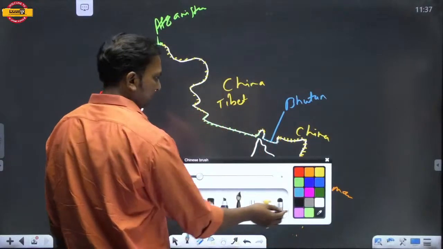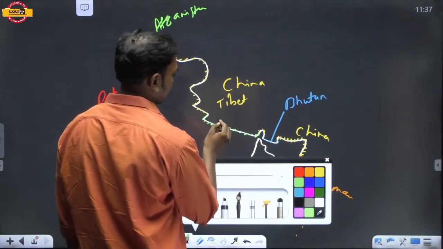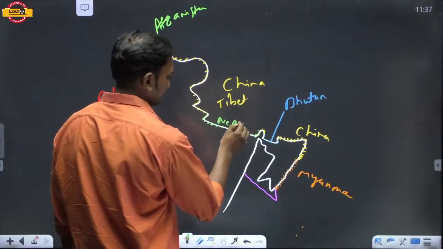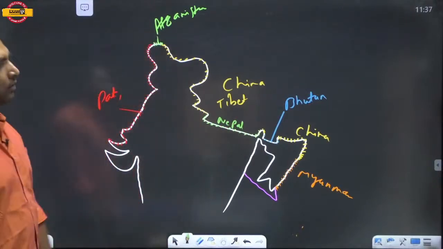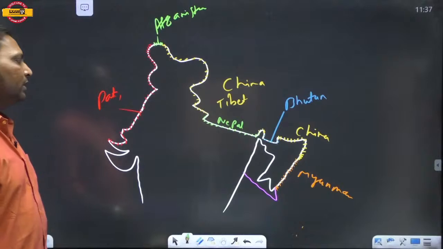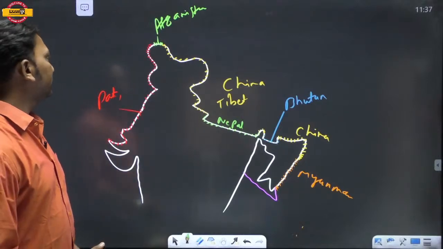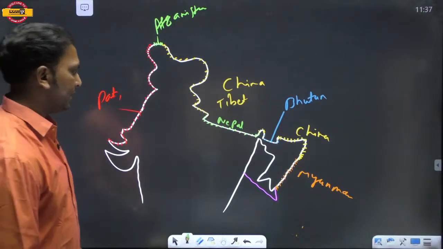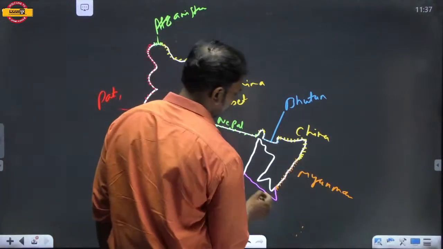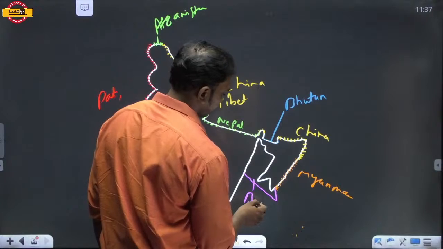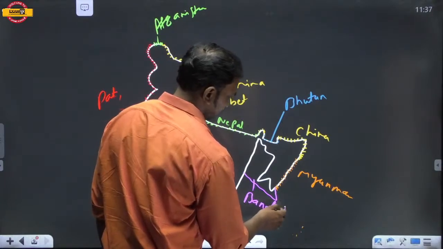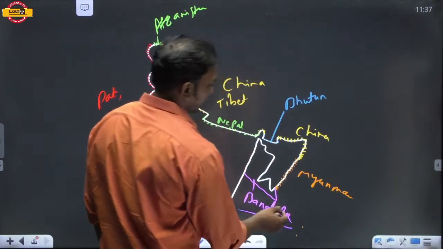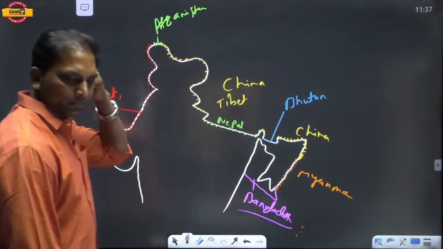And this side is Nepal. Okay. So these are the land frontier countries: Pakistan, Afghanistan, China, Nepal, Bhutan, Myanmar. And here it is Bangladesh. This side is Bangladesh. Yeah, this is Bangladesh.